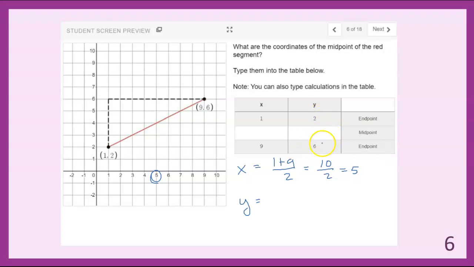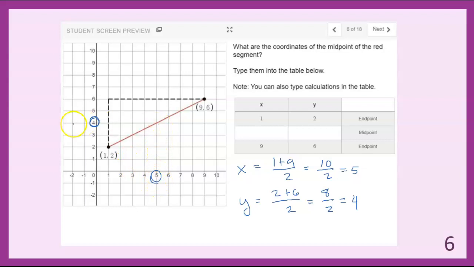Notice these are the y values over here, 6 and 2. So we'll take 2 plus 6 on the top, add them together, divide by the count. There are 2 of them. 2 plus 6 is 8, and 8 divided by 2 is 4. So our y value for the midpoint is 4.